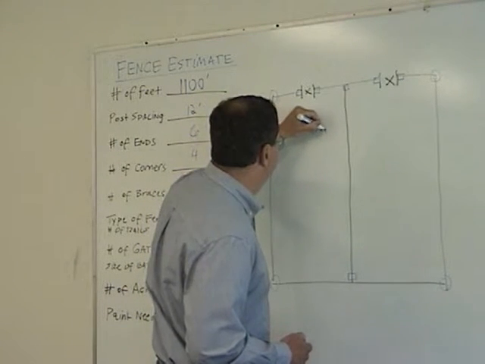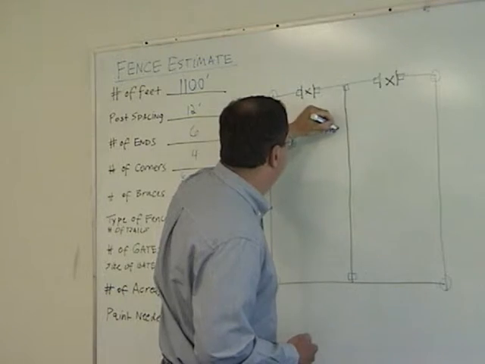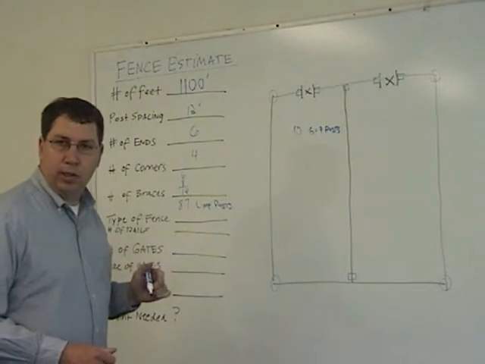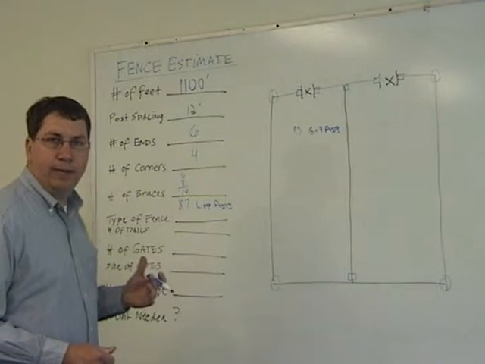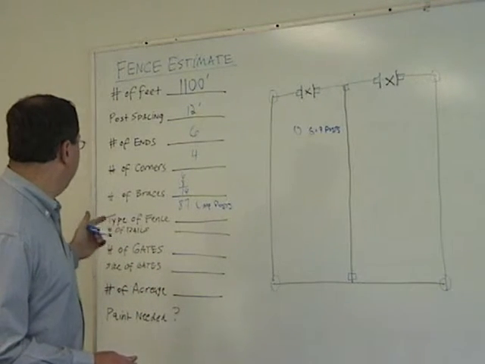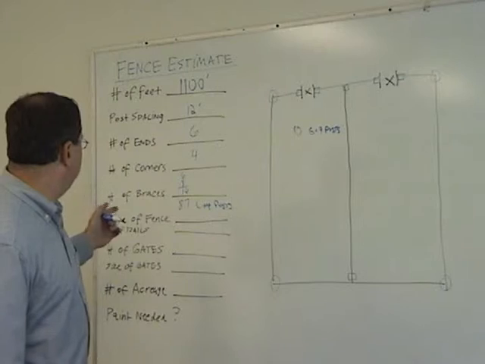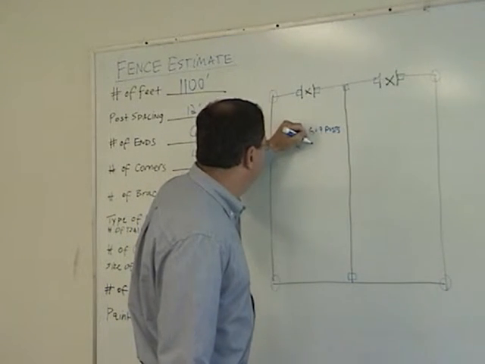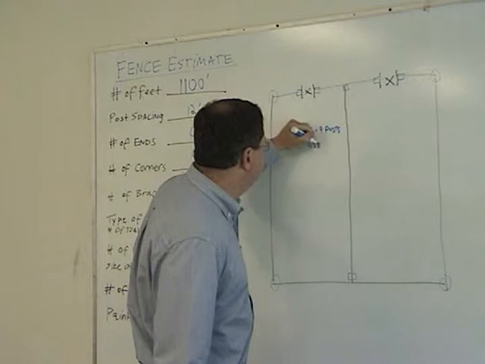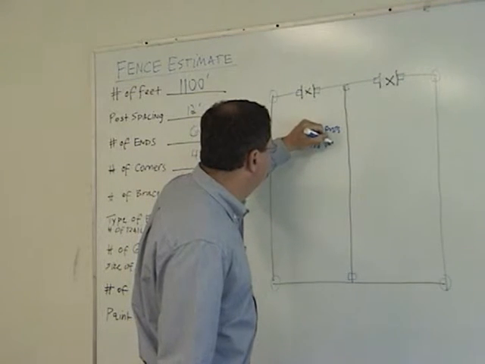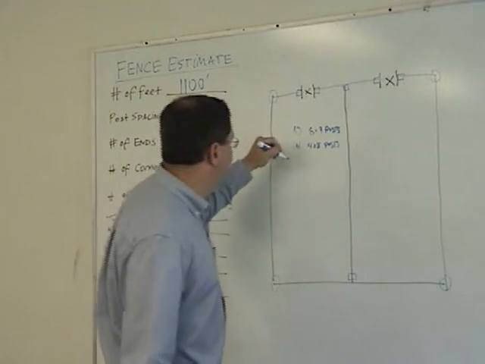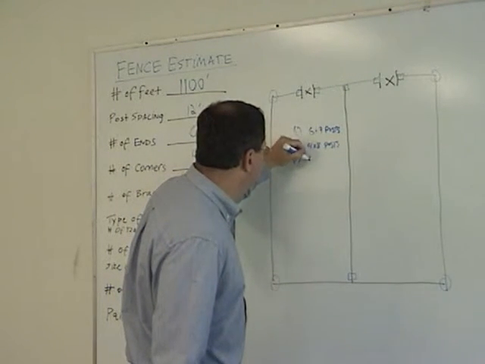Our braces are typically constructed of 4-inch or 5-inch by 8-foot posts. So the braces, we're going to need 14 braces. We'll do 4x8s, for example. And then the line posts, we've already figured that we need 87 line posts.